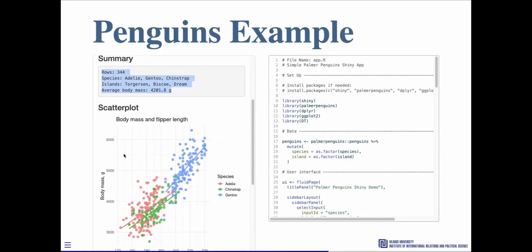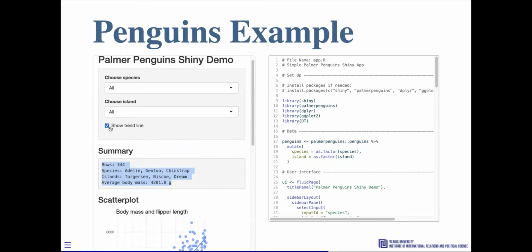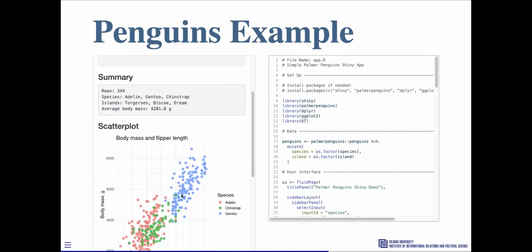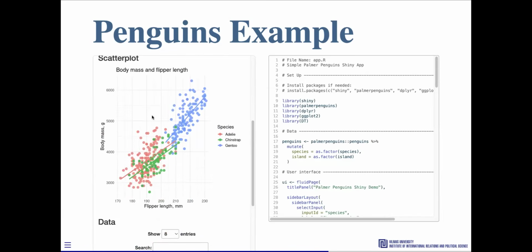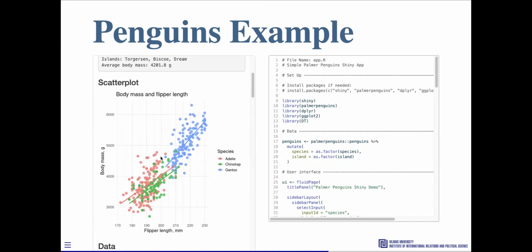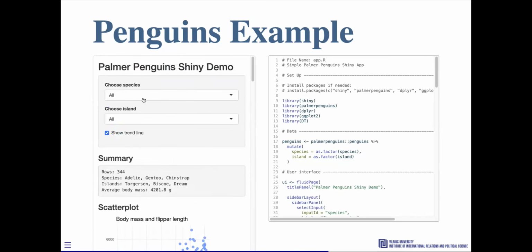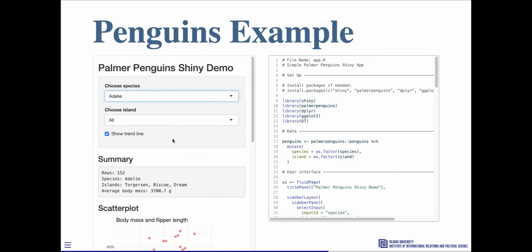Below that, we have a scatter plot. So we have this plot that is being displayed. You can also see that if we remove that, this disappears, so we're changing this input. And below that, we have a table of data where we can also have different options. Okay, let's, for example, check only the species, and we see that it creates a new plot.